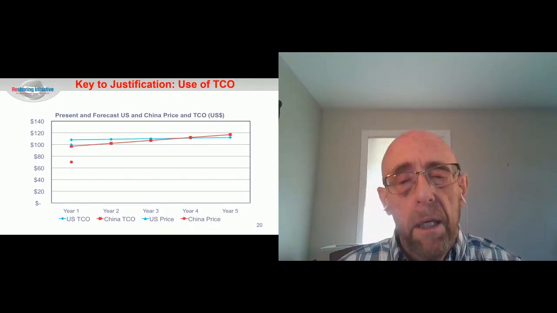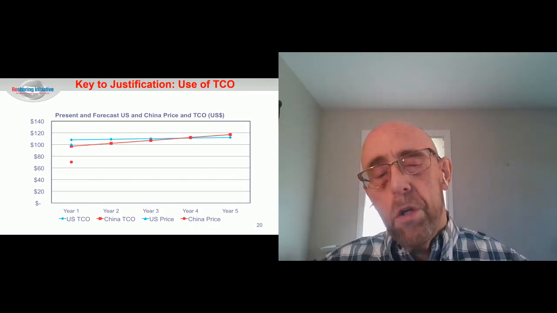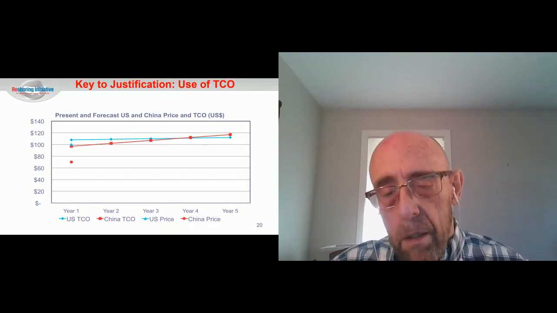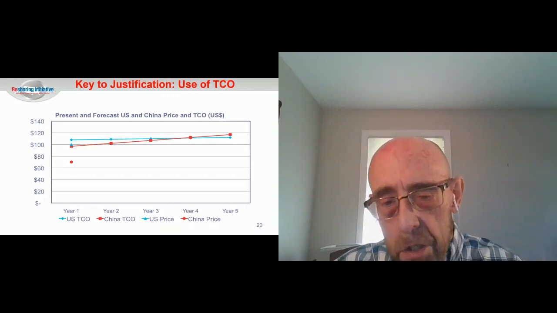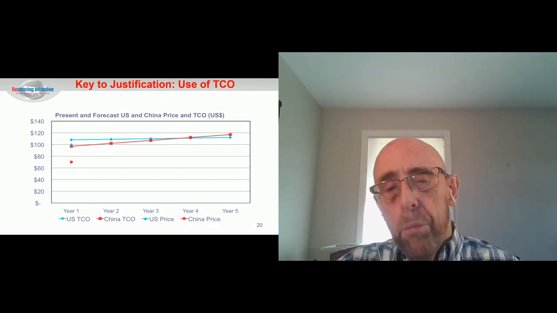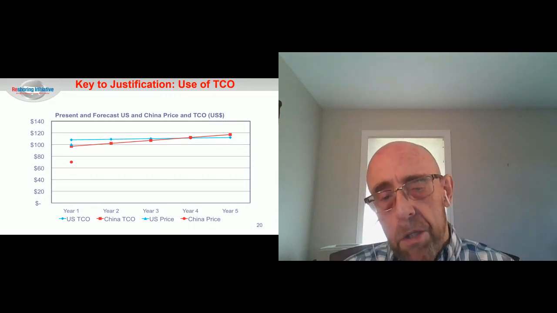Next. So to show you the power of using this, I took the first 180 cases of China versus the US, where company people had gone in, done the study, said they were doing a real study, not just playing around. And the blue line shows Chinese price as a percentage of US price.